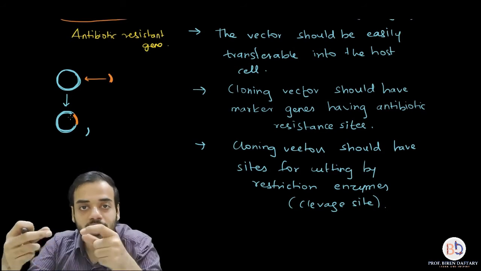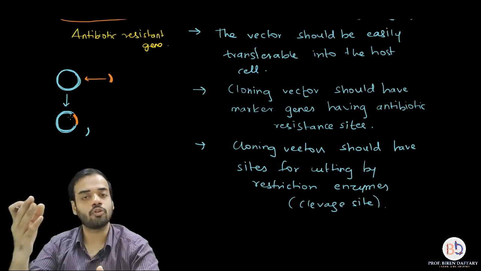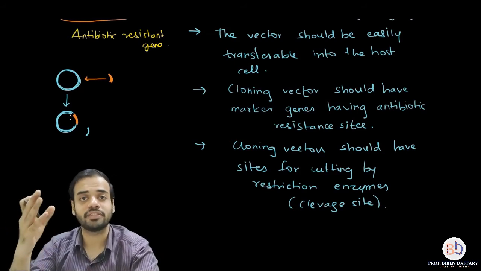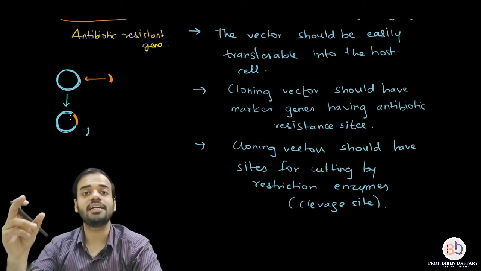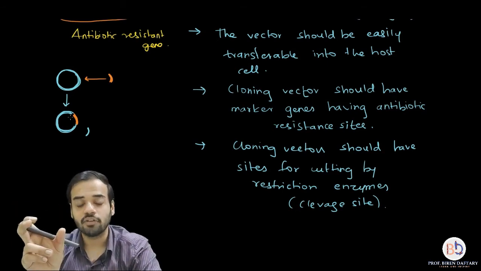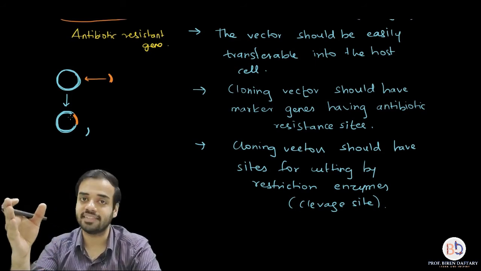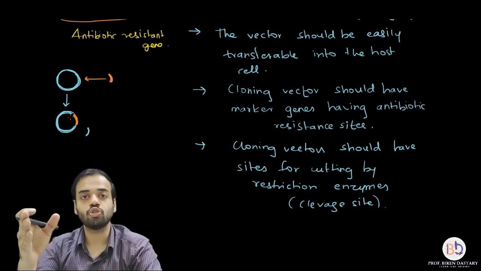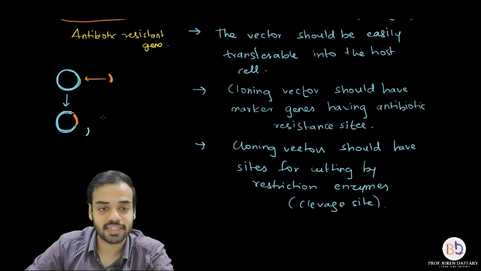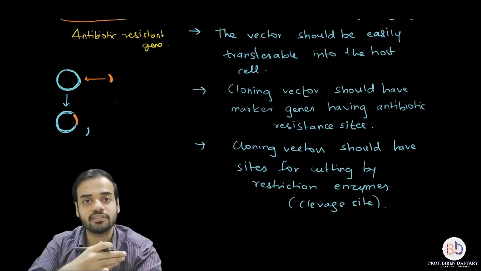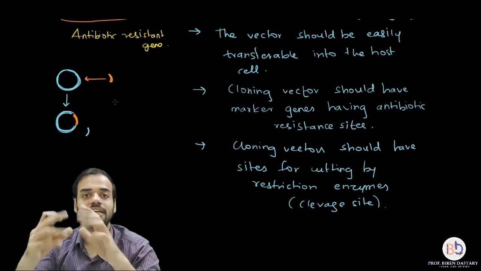Now, how do you cut the cloning vector? For that you require restriction enzymes. I am assuming that you have seen the lecture on restriction enzymes. You know restriction enzymes basically target sequences. For example, EcoR1 targets a sequence called GAATTC. It is a palindromic sequence, right? So suppose EcoR1 is there, wherever that sequence is present, it is going to cut that sequence out, and in that area of the cloning vector the desired gene can be inserted.